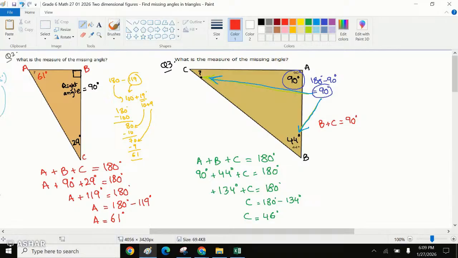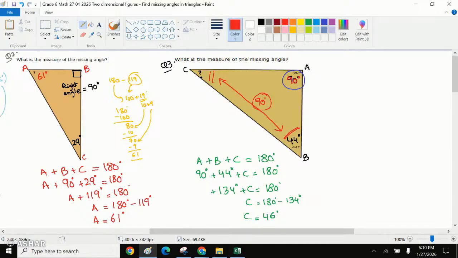I'll explain the new logic again, okay? I'll re-explain this part, what I'm trying to do over here. See, I'm trying to give you an easy way out. We know that one of the angles was already 90, right? Then the total of these two angles should be 90, right?